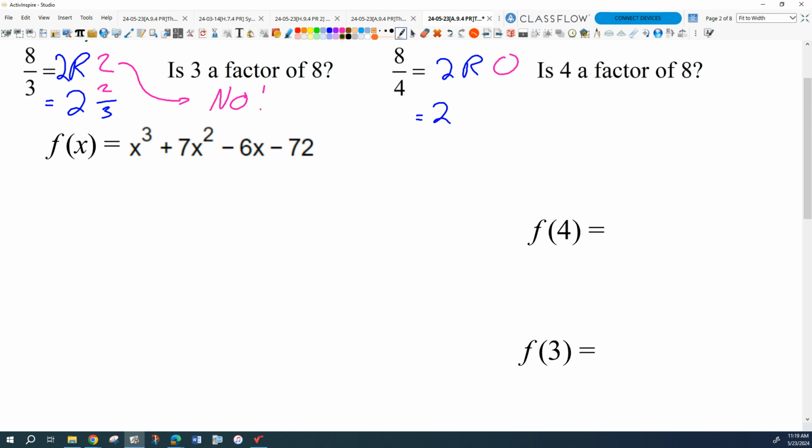Yeah. How come? It goes in evenly, which means the remainder has to be 0. That tells us something important. When I do division and the remainder is 0, that means that what I divided by is a factor. If the remainder is not 0, it wasn't a factor.